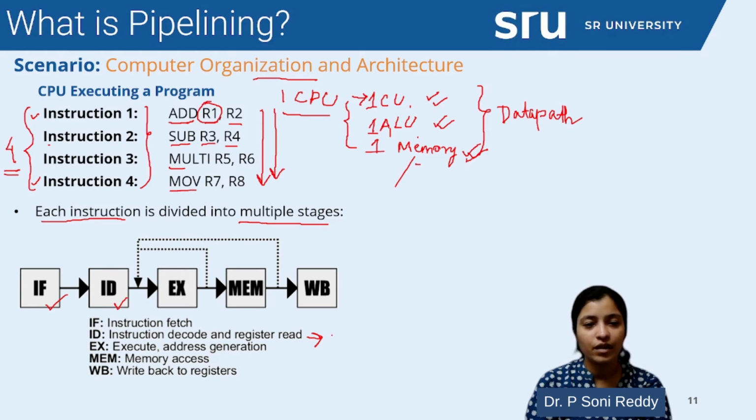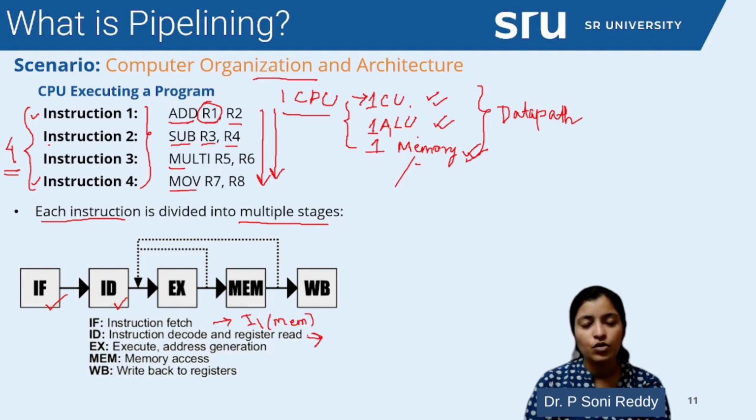So this is nothing but decoding the instruction. If I say instruction 1, then fetching instruction 1 means reading it from memory. Every instruction and data is actually stored in memory, so we will be reading instruction 1 from memory.